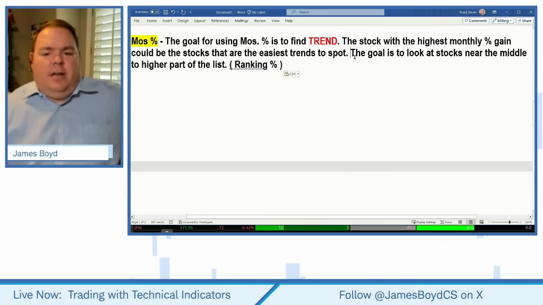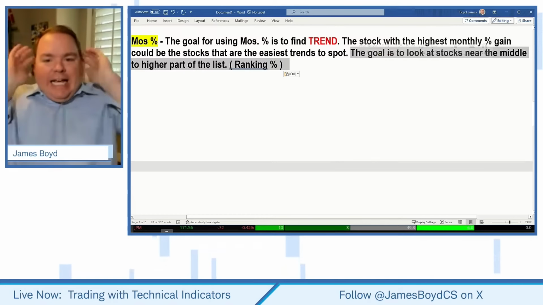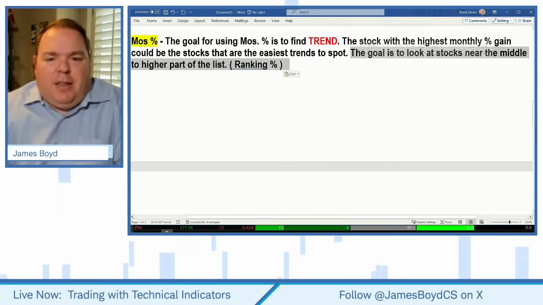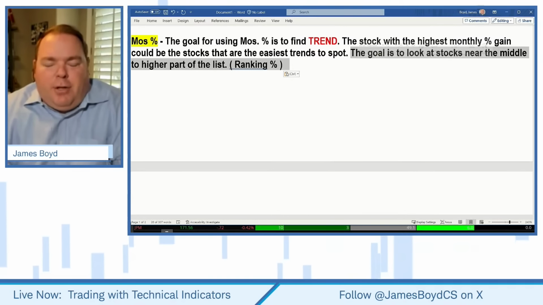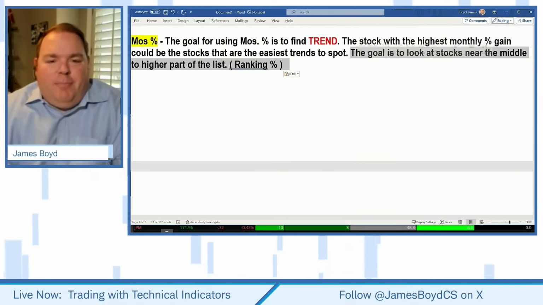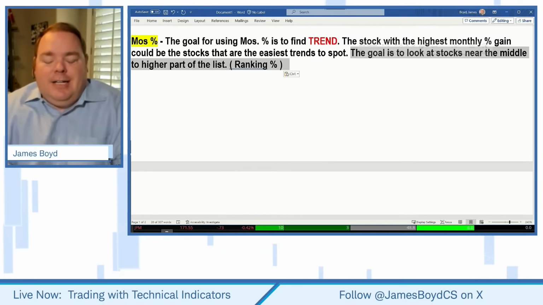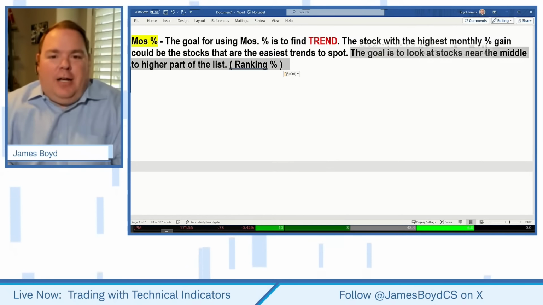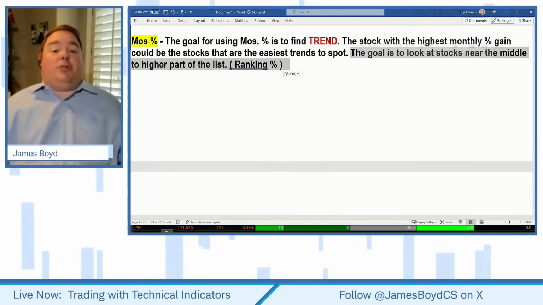Okay. Now, the goal is to maybe look at the stocks near the middle to the higher part of the list. Now, this is very important. Listen right now. Does that guarantee that if they're in the middle or top of the list, they're going to go up? Of course not. That's just the foundation of trend. If it's in an uptrend, it's going to stay in the uptrend until it's not. That's the whole idea of trend.